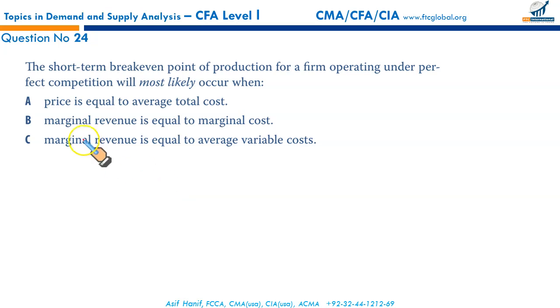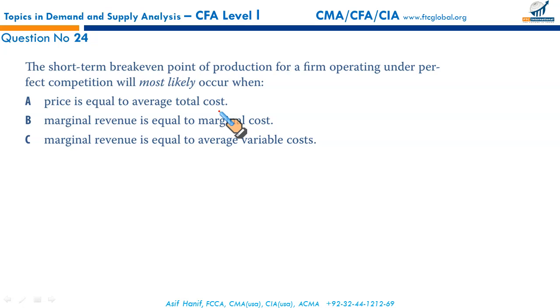Next, the short-term break-even point of production for a firm operating under perfect competition will most likely occur when price equals average total cost. Well, this is the right option. Under perfectly competitive markets, the price equals marginal revenue, right?